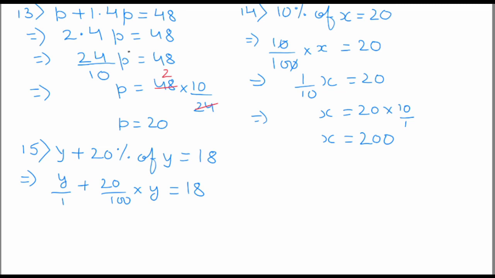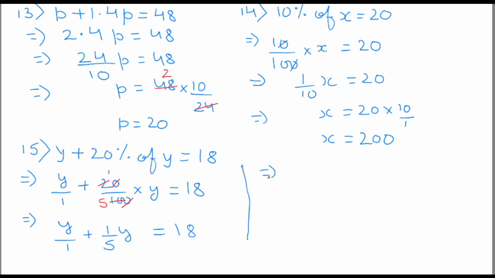We'll cut the zeros, 0 with the 0 and 2 5s are 10. That means this is y over 1 plus 1 over 5y equals 18.